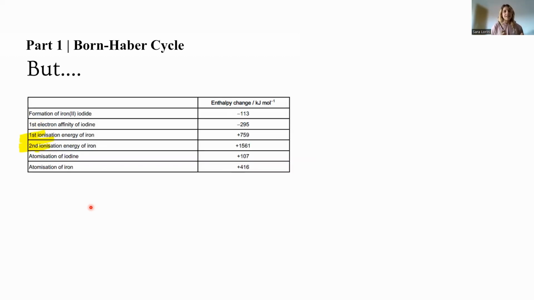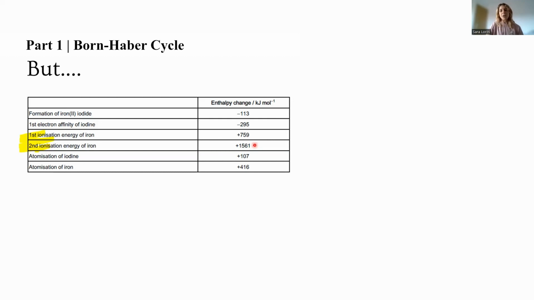Another part: if we have a positive ion that has a 2+ charge, as we know, the ionization energies are successive, which means that there's going to be another number here, first and second ionization energy. Okay, so as you can see, the second is a lot higher.